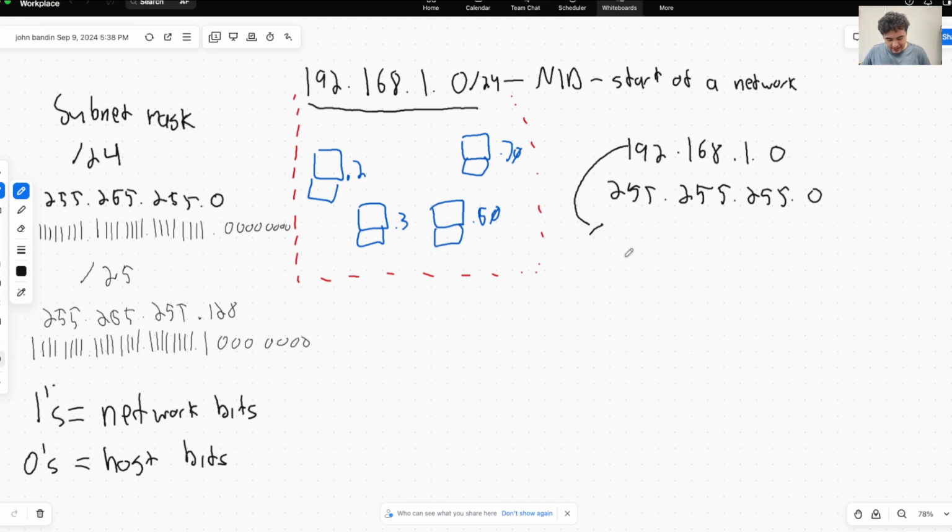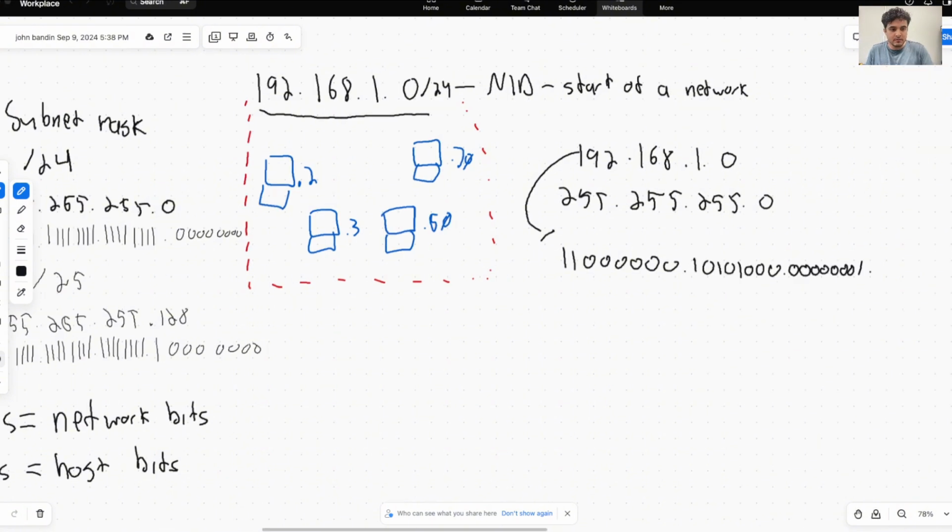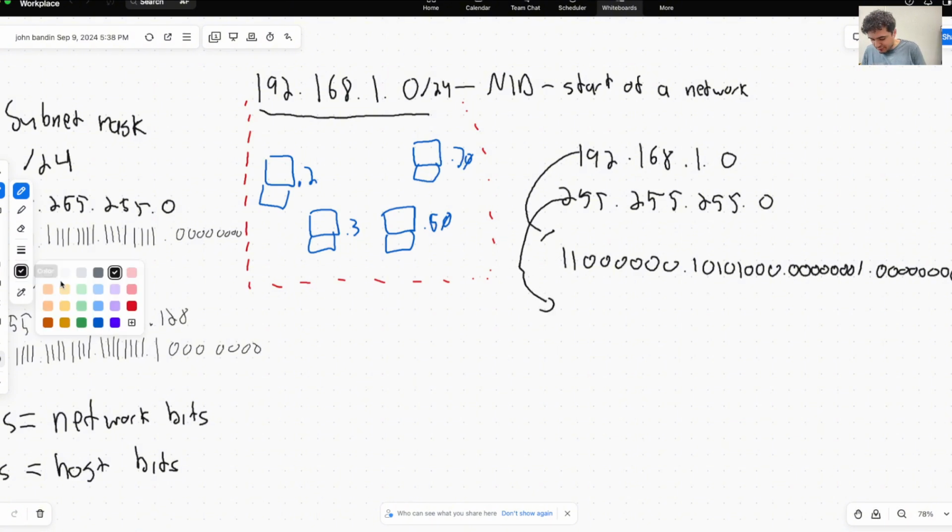So this in binary would be 1, 1, all zeros, the rest zeros, excuse me. 168, I think it's something like, I'm going to pause the video to do this. And then all zeros for the rest of it. Okay. So that's our network ID. Now what I'm going to do here is convert the subnet mask, and I'm going to give it a different color, like green, okay? And let's write this out in binary and line it up.